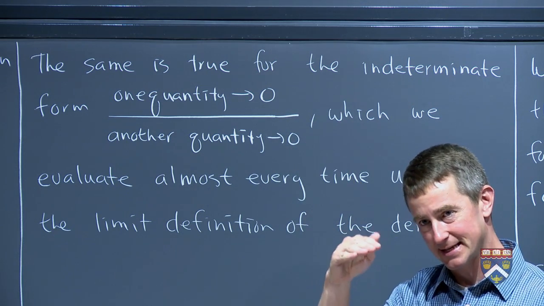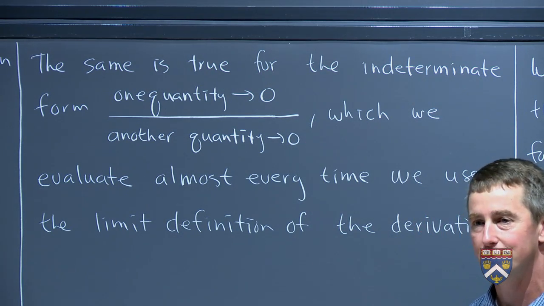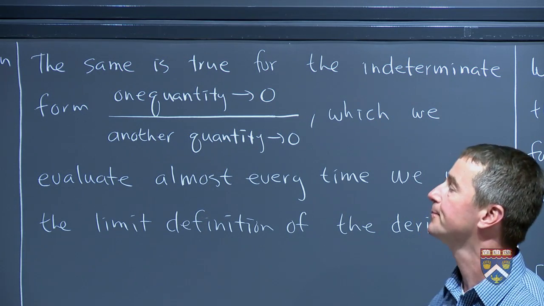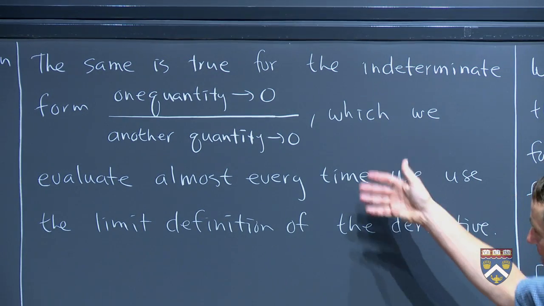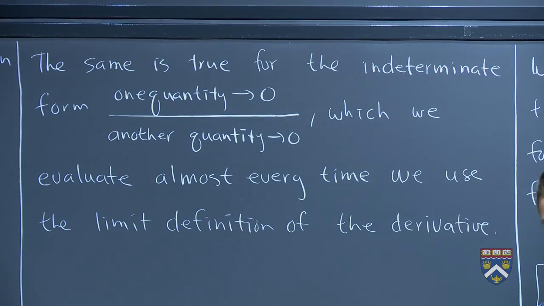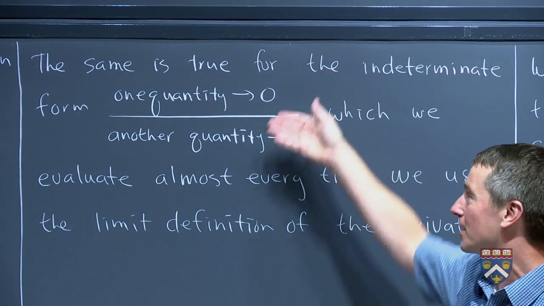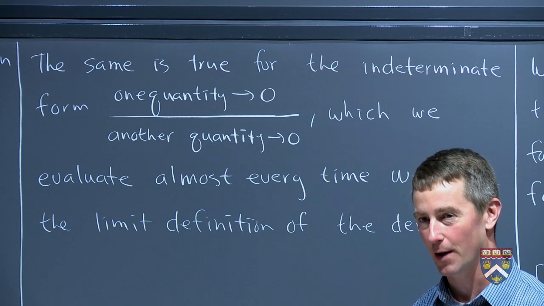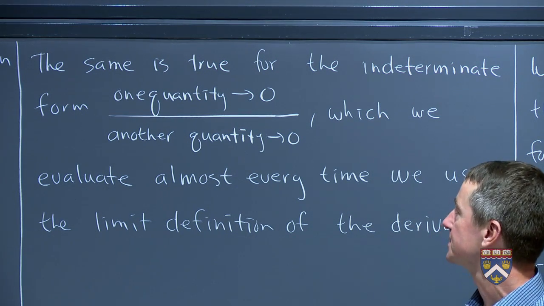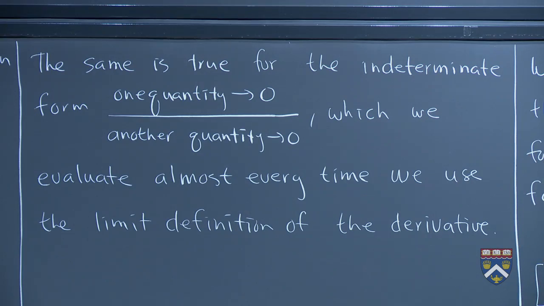Sometimes on the top, if you had a discontinuity in the function, the top might be going to some non-zero number, in which case the derivative would fail to exist at that point. But as we know, also there, every time that we take a derivative, we don't get the same answer, right? It's not always 1. So when we have one quantity going to 0 over another quantity going to 0, the answer can also be any real number, or plus or minus infinity, or it can even fail to exist.